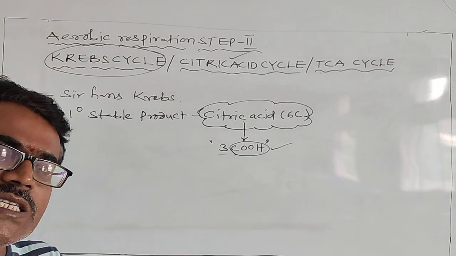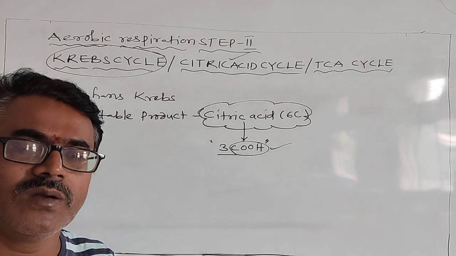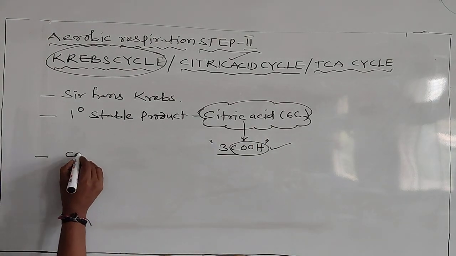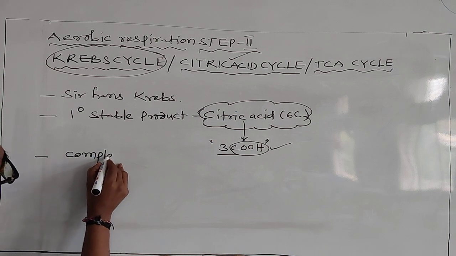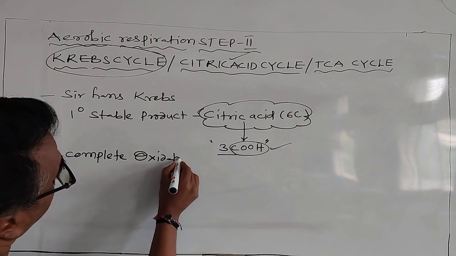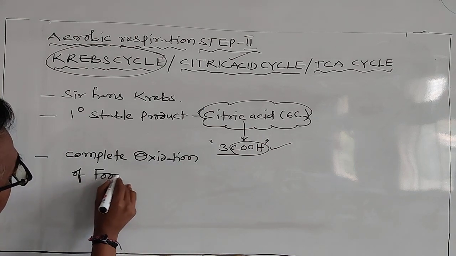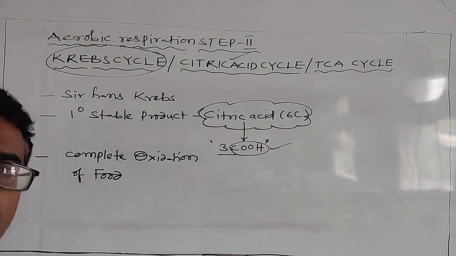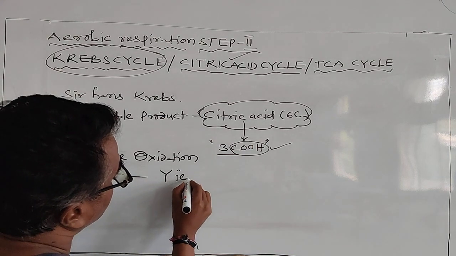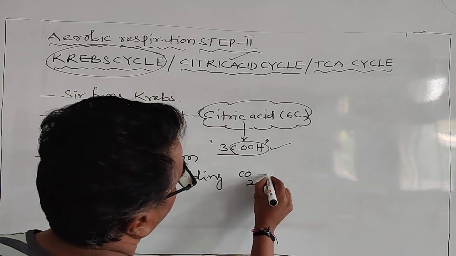In plants, respiration takes place, that is aerobic respiration. In this pathway, there is complete oxidation of food material, yielding CO2 and water.